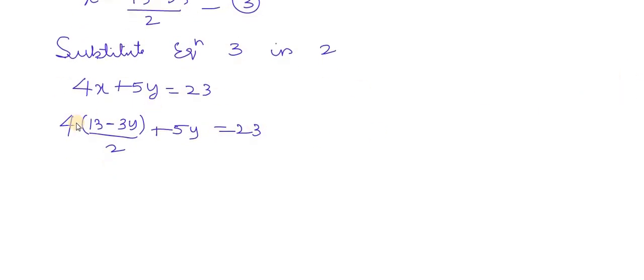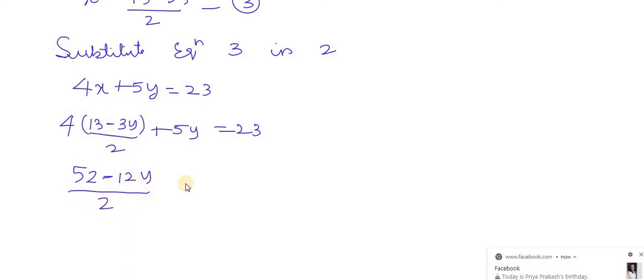Now simplify it. 4 times 13 is 52, minus 4 times 3y is 12y, divided by 2, plus 5y over 1, equals 23.